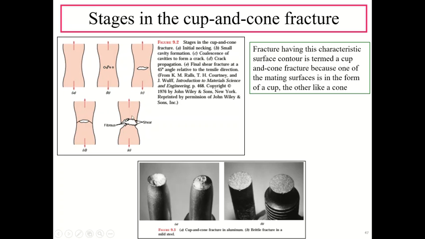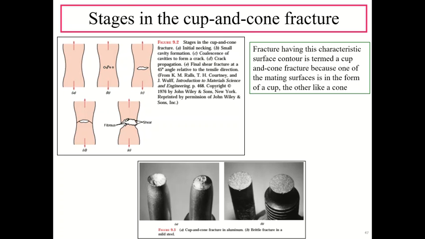This central region is known as the fibrous region, and this region along the boundary is known as the shear region. In this figure we can consider an example of aluminium and mild steel. Aluminium is the material which will undergo a ductile fracture, so the separated mating parts will be in the shape of a cup and a cone.